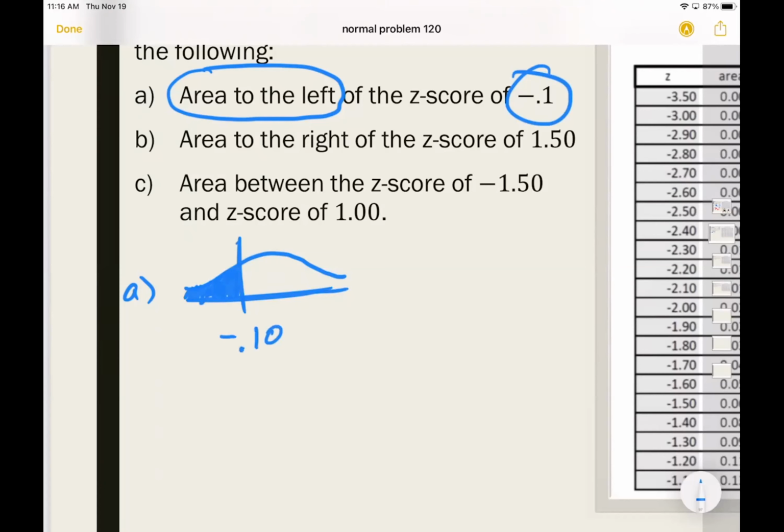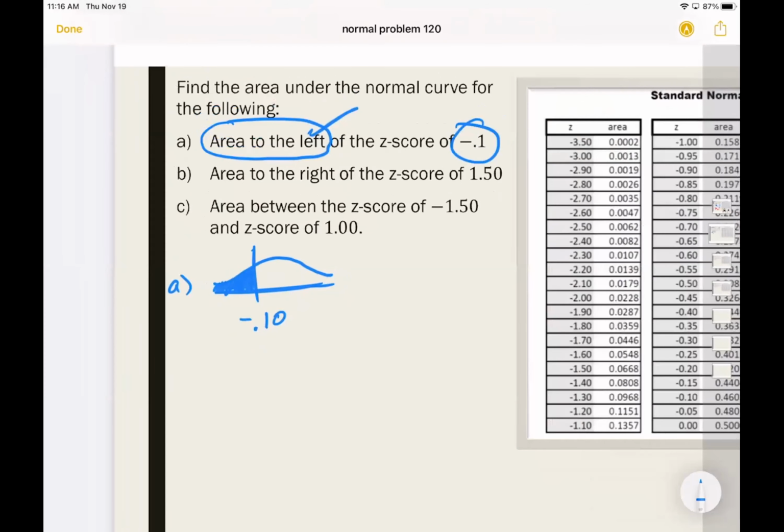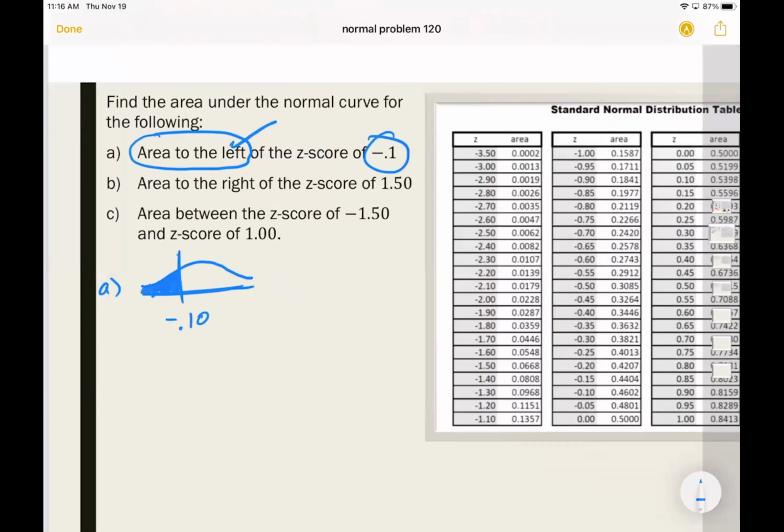And again, hopefully you say area to the left, life is good. How good is that? All we need to do is look for 0.1, and 0.1 is right here. Reminder, it's not -1.0, but it's -0.1. It's not the 1.0, but it's the 0.1.